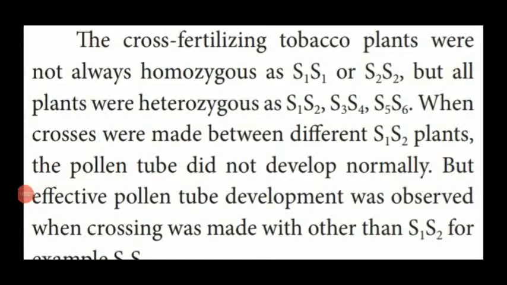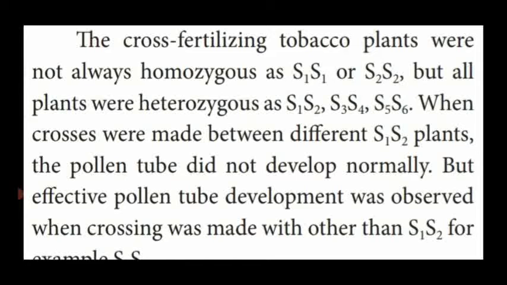Dear students, fertilization takes place by hybridization of tobacco plants with different alleles but not the same alleles. That means the gene with heterozygous alleles shows the fertilization process, while the gene with the same multiple alleles does not.